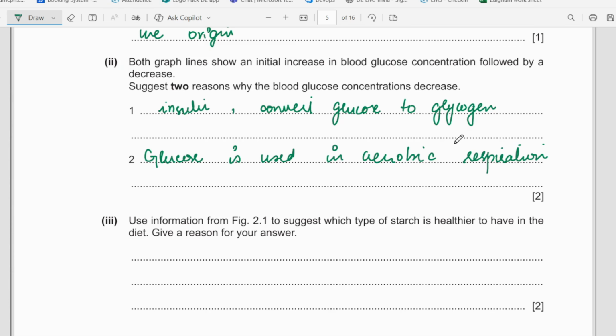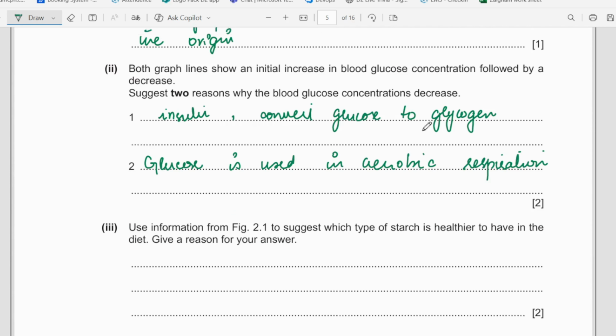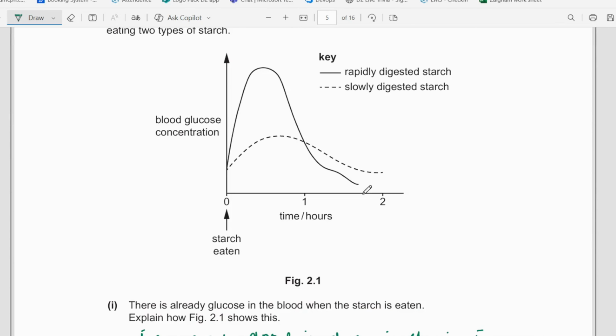You have to tell from the graph. Which type is healthier, the rapidly digested one or the slowly digested one?